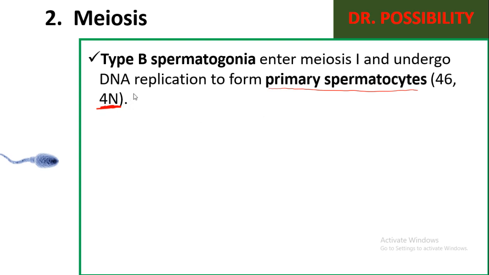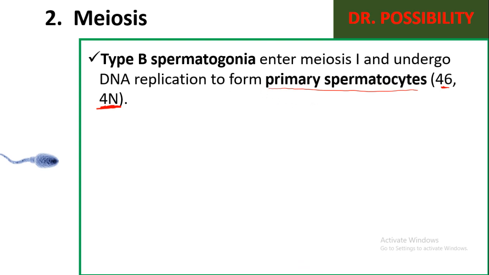Go through papers, go through different sources on embryology, you shall be asked about the primary spermatocyte. The primary spermatocyte has 46 chromosomes, but when you talk of this, it is not 2N, it is not haploid, it is not diploid, instead it is 4N. And these primary spermatocytes are coming from the what?